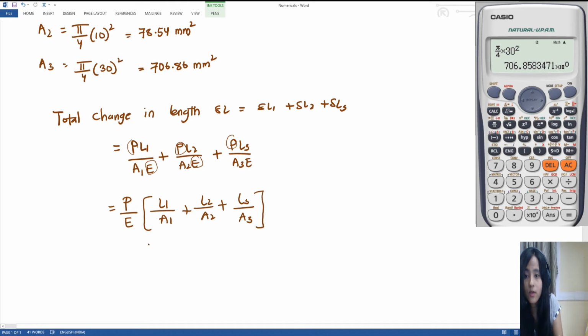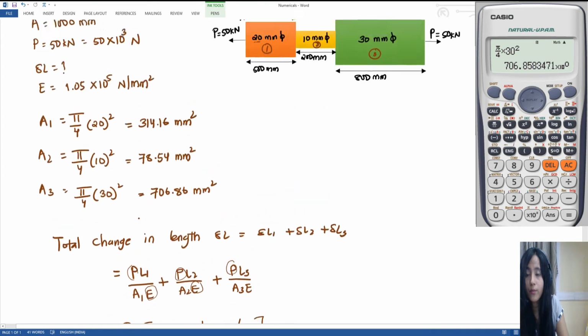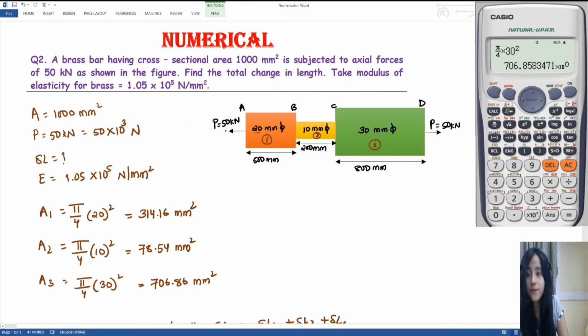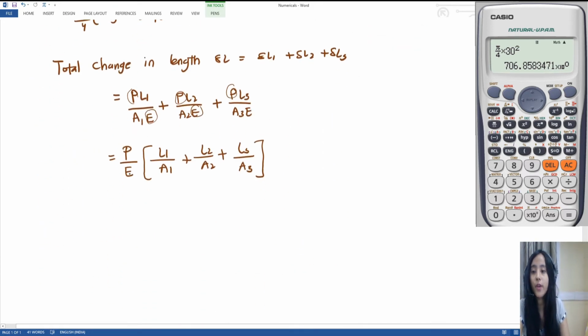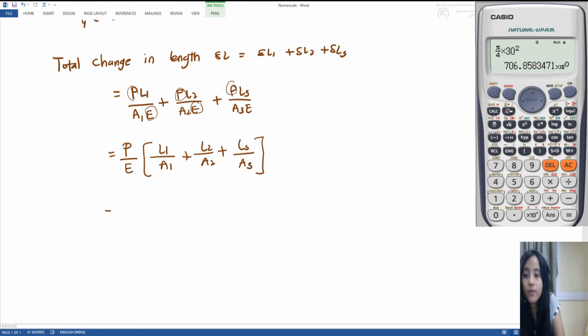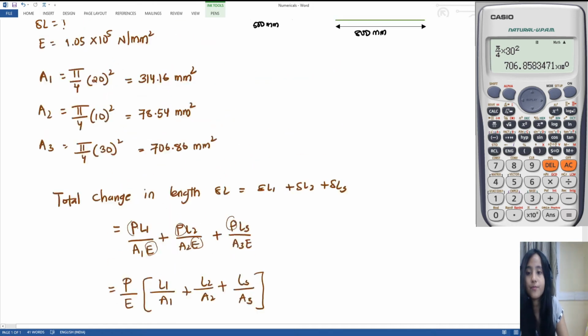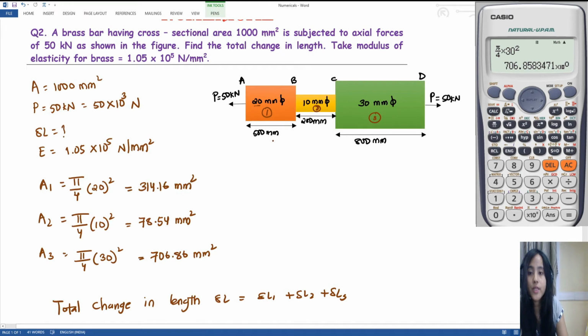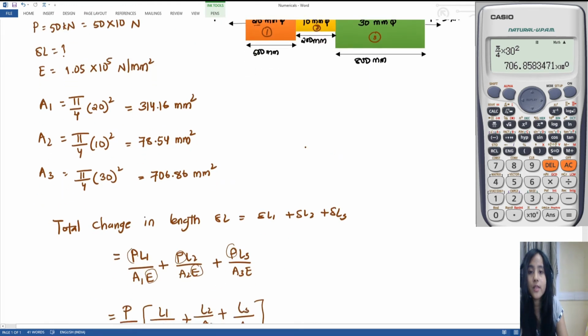So let us put the values. Force P is 50 kilonewtons, which is already converted into Newton here, so we have 50 into 10 raised to power 3, and E is 1.05 into 10 raised to power 5. Now L: L1 is 500, L2 is 200, L3 is 800.